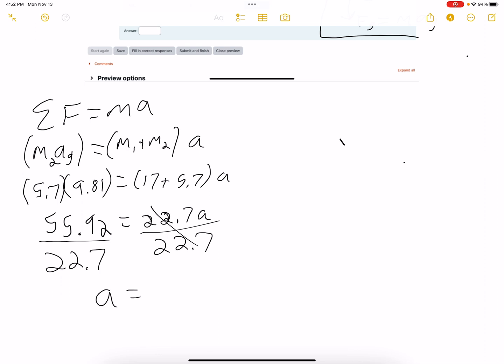And 55.92 divided by 22.7 gives me an acceleration of 2.46 meters per second squared.